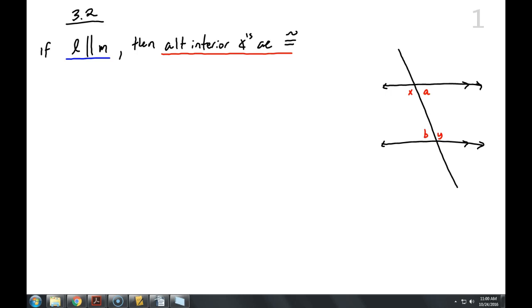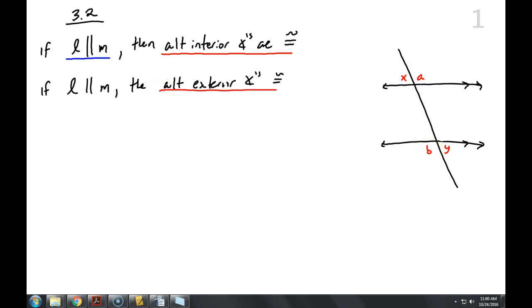Now, the next one said if L is parallel to M, then alternate exterior angles were congruent. Moving back over to my diagram, the letters would change position, and as long as those two lines are parallel, then X would equal Y and A would equal B. So that's an example of alternate exterior angles.